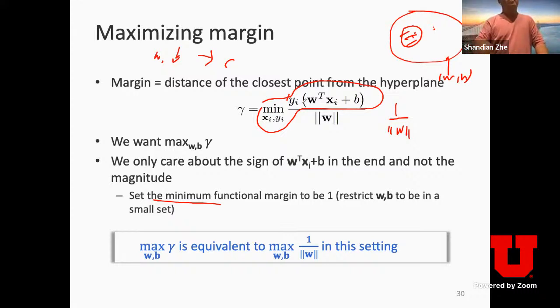Then you only need to look into all those skewed W in this subspace, and search over this small subspace to maximize the margin. In this small subspace, the margin is always 1 over the norm of W. You don't need to compare every data point to see which one is closer to the hyperplane. Any questions so far?